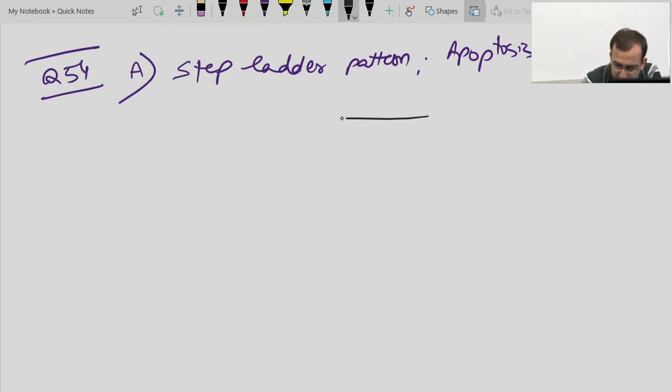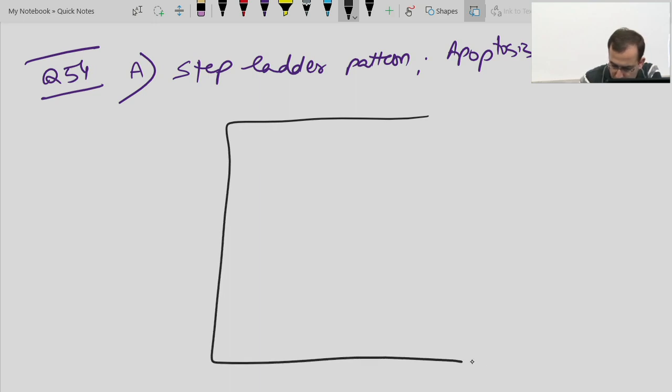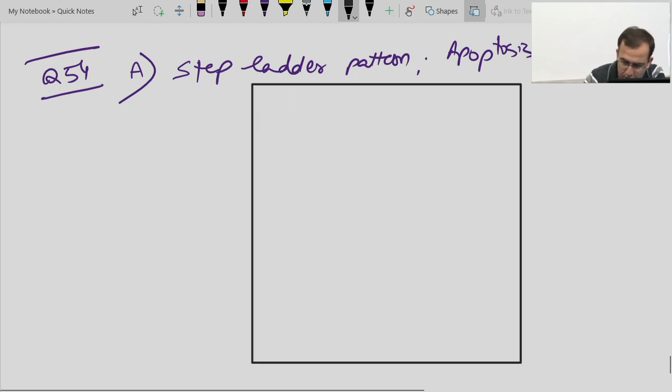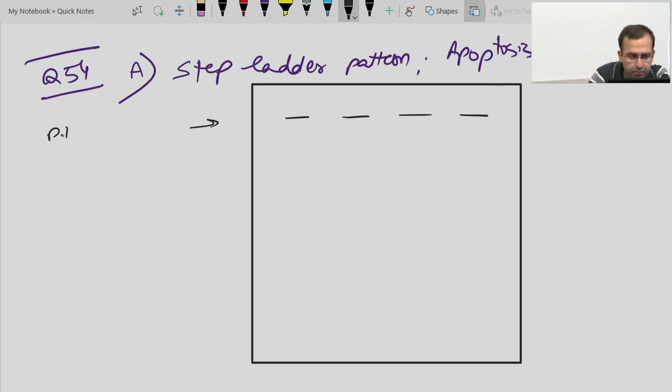This is the gel electrophoresis, and this is the point of application. Point of application means we have applied the sample there.